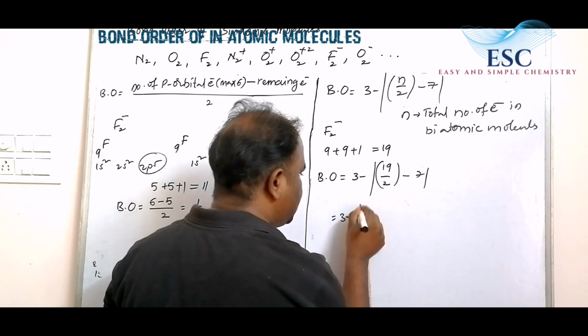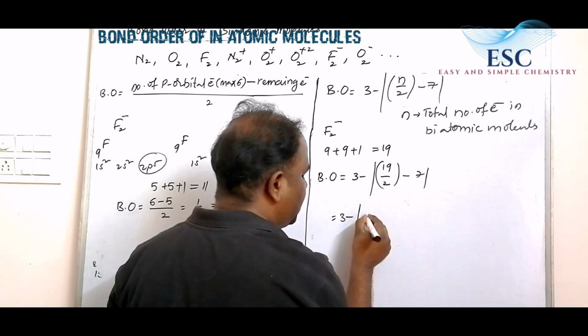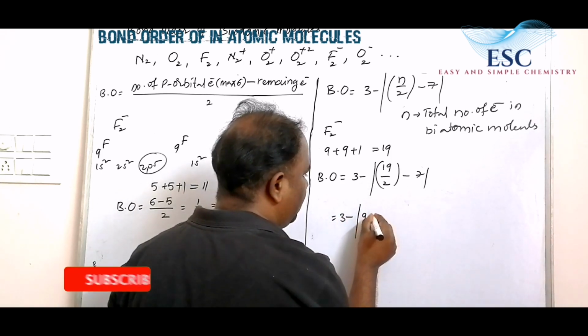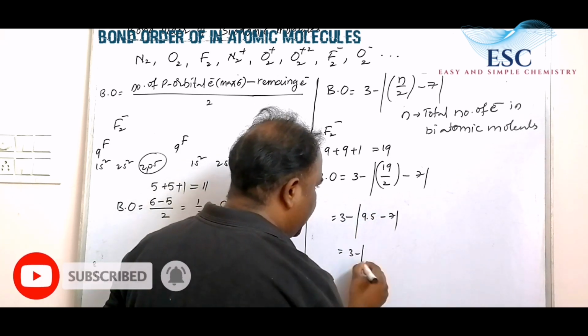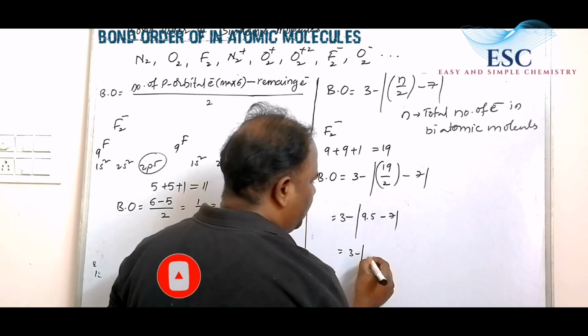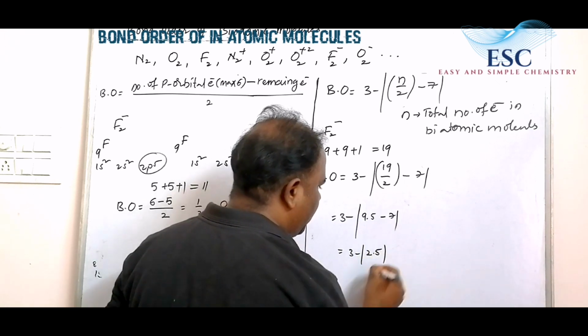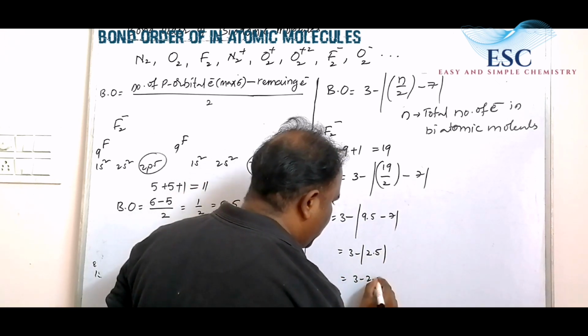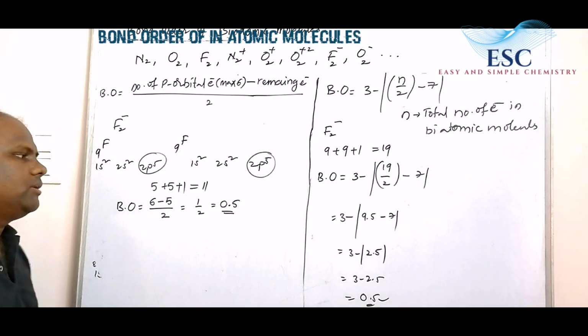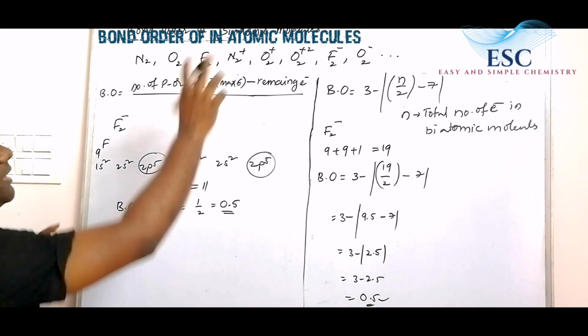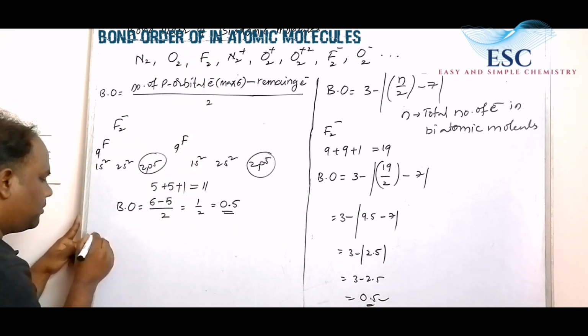So 3 minus 2.5 is 0.5. So same thing to identify that equation. Then go to another example.